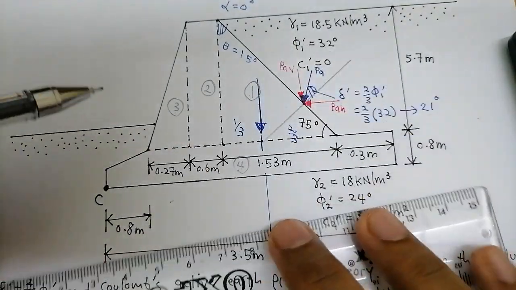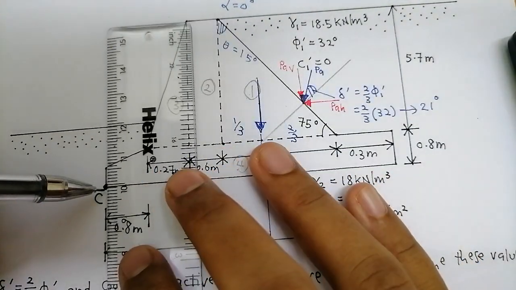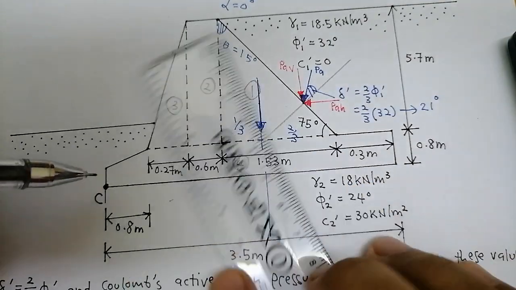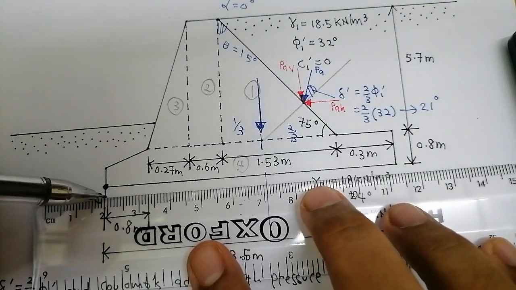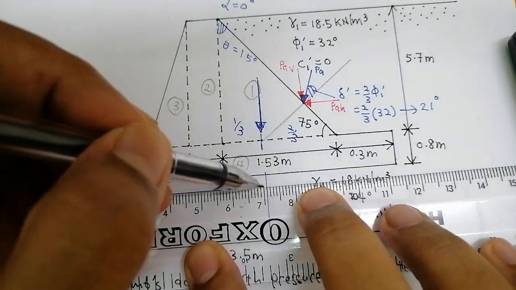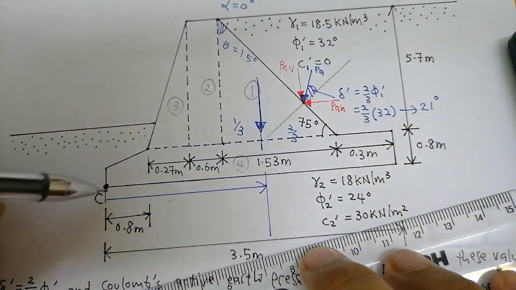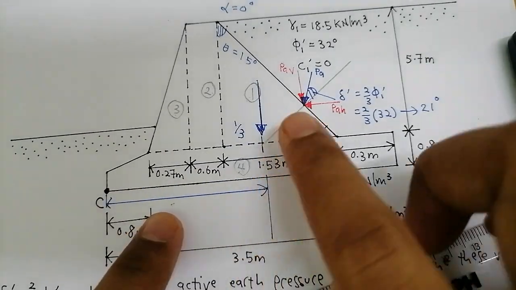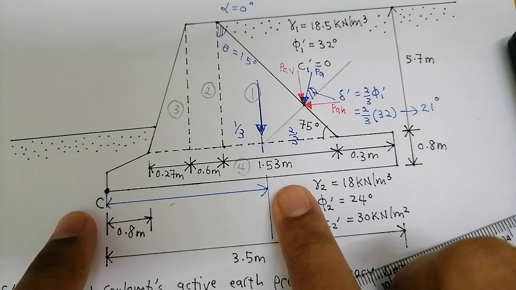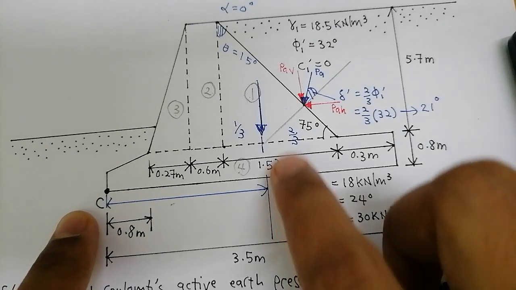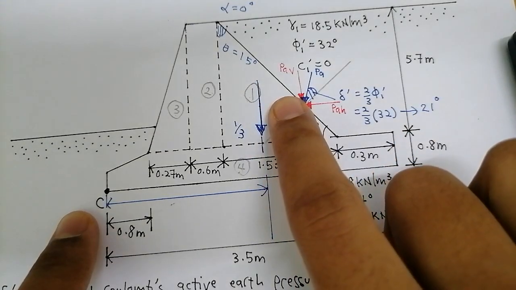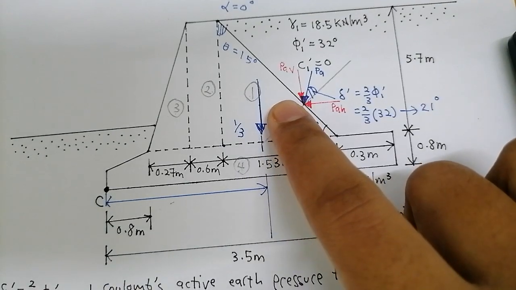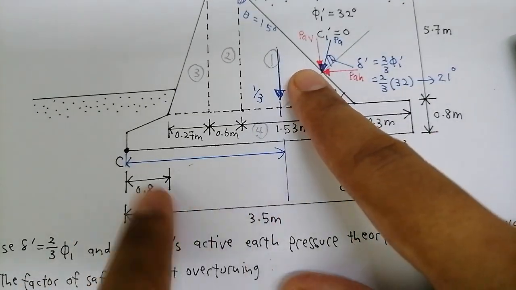Okay, so this distance, yeah, sorry, that one. Okay, this is the moment arm from point C for this section. So how to do that is just calculate the distance.